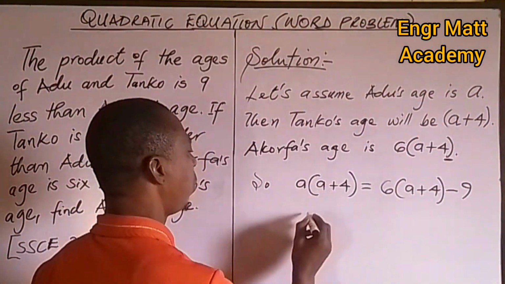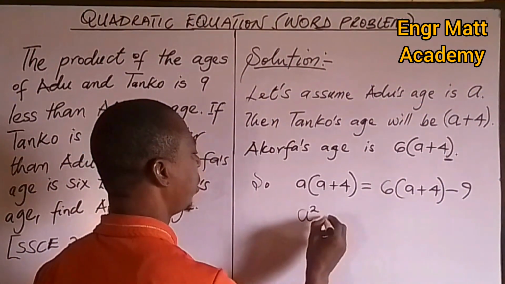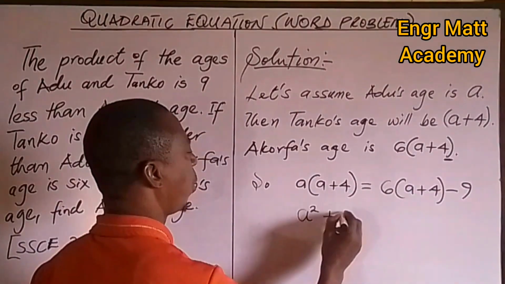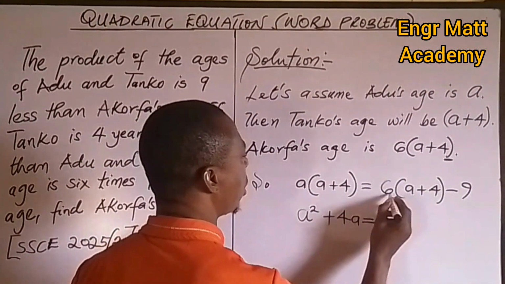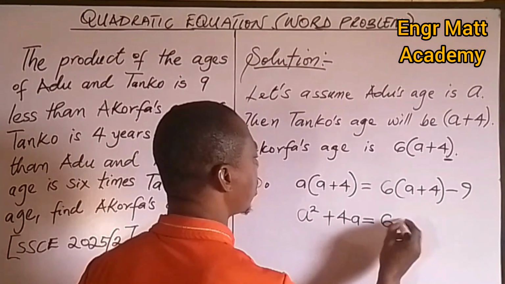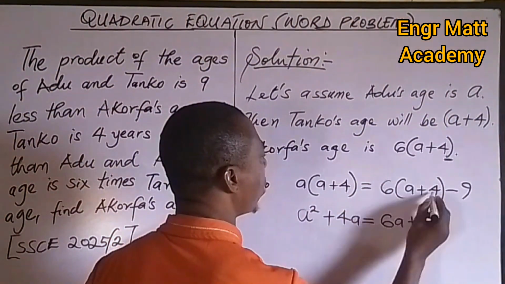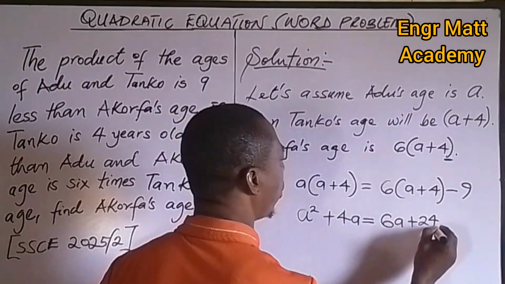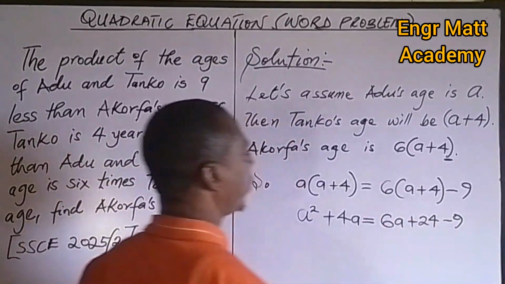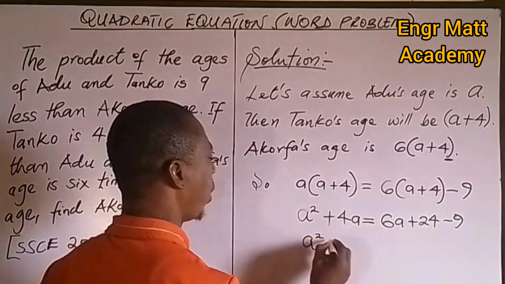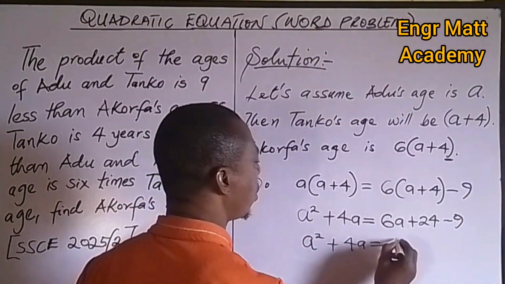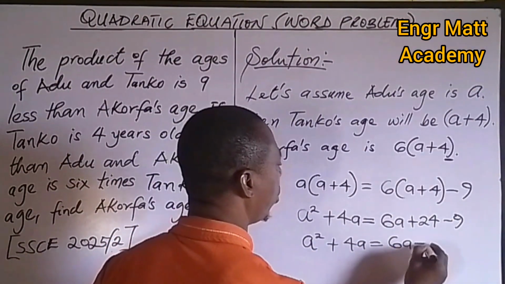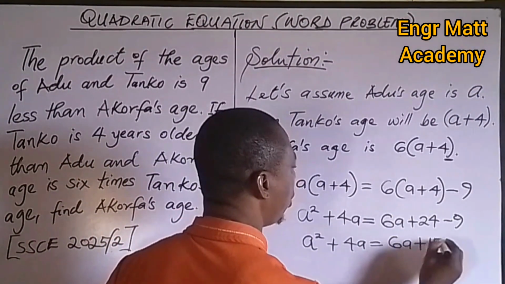A times A will give us A squared, plus A times 4, 4A, equal to 6 times A, 6A, plus 6 times 4, 24, minus 9. This becomes A squared plus 4A equal to 6A plus 15.